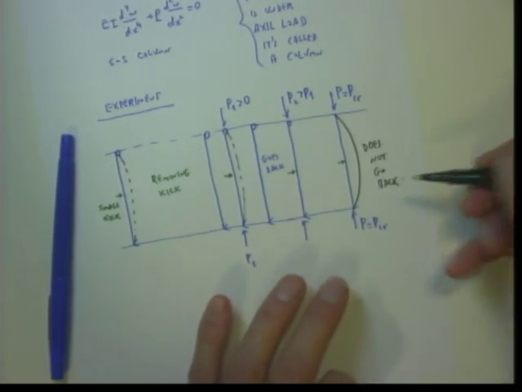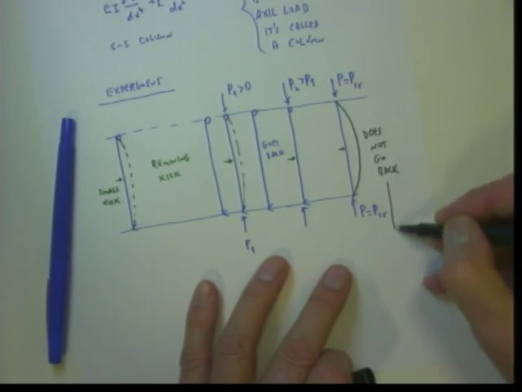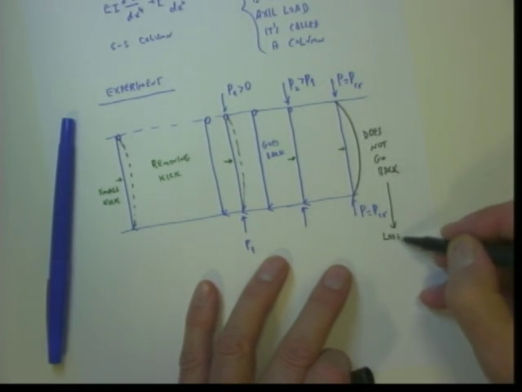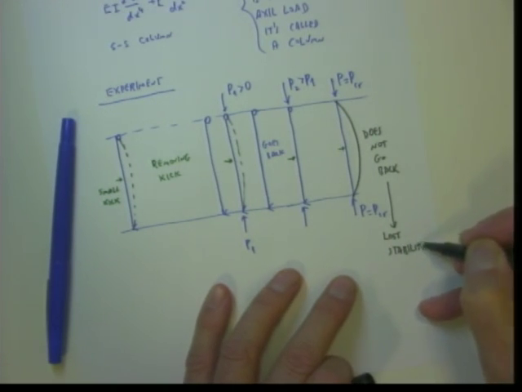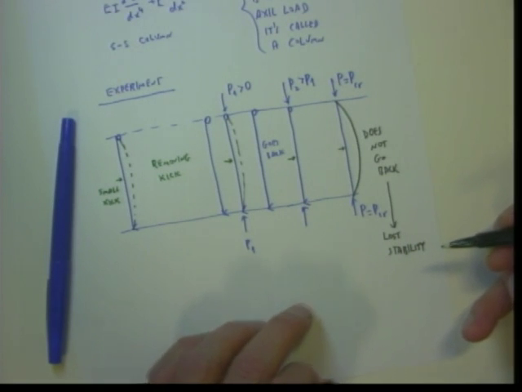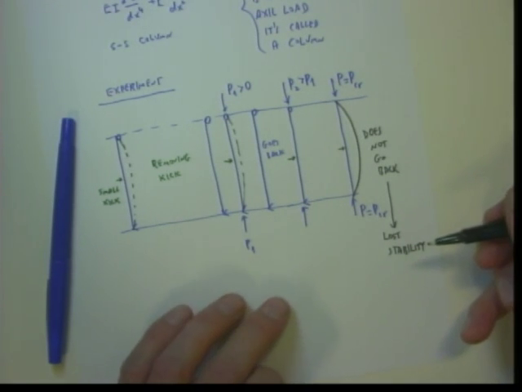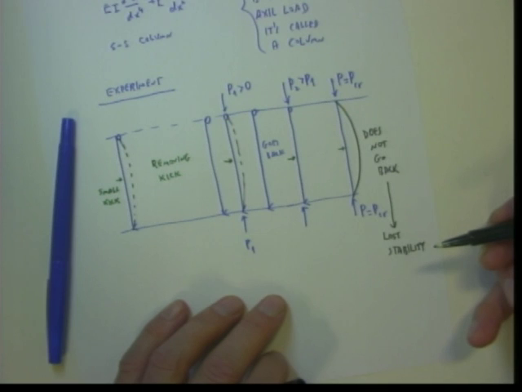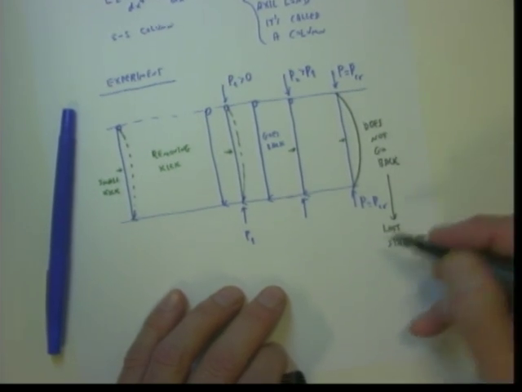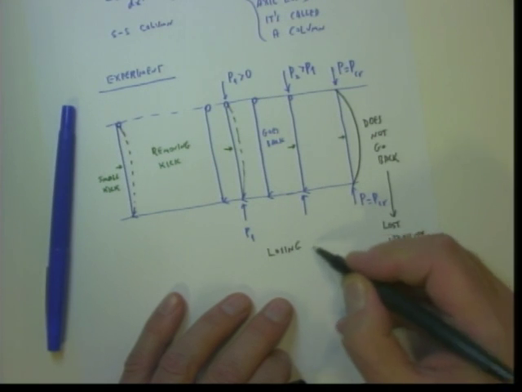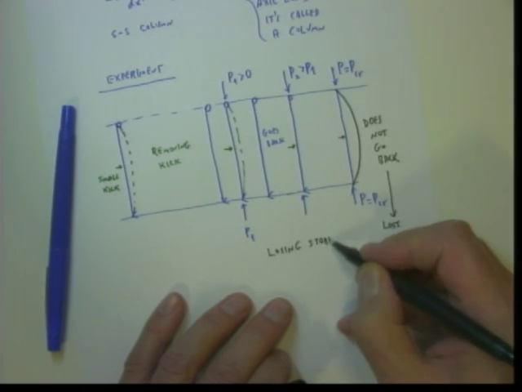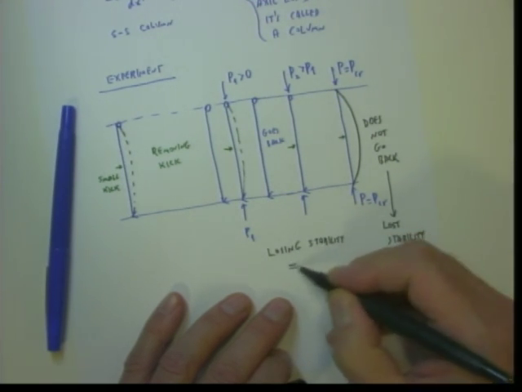Okay, so does not go back means lost stability. It lost stability. Okay, or we call it losing stability, means buckling.